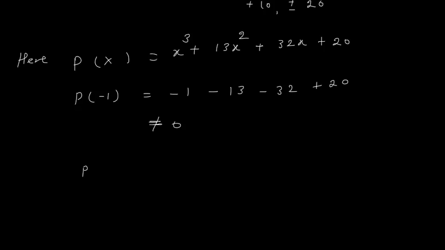So let us try the next number, minus 2. Minus 2 cube is minus 8, plus 13 times 4, this is plus 52... I think we are getting 0 here.